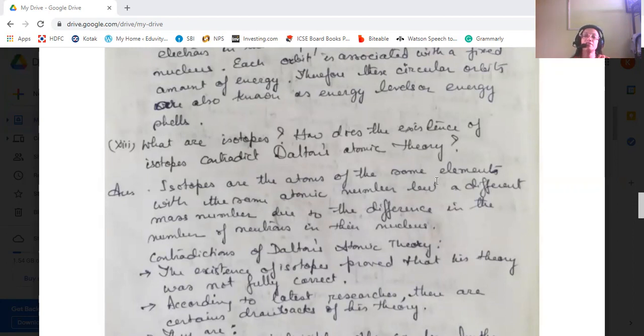Now this contradicts Dalton's atomic theory. Dalton said that atoms of the same element do not differ, but here we see that atoms of the same element differ. The existence of isotopes proved that his theory was not fully correct.